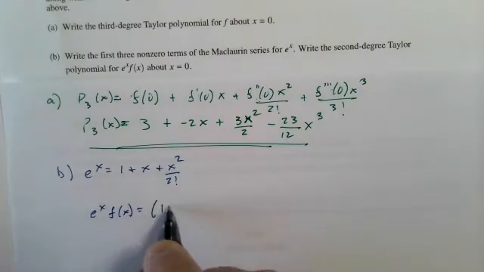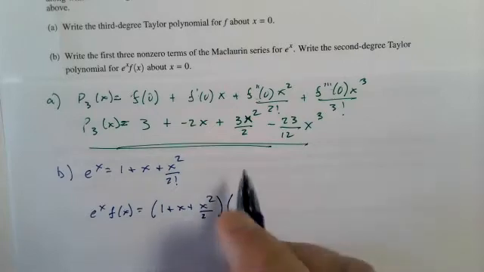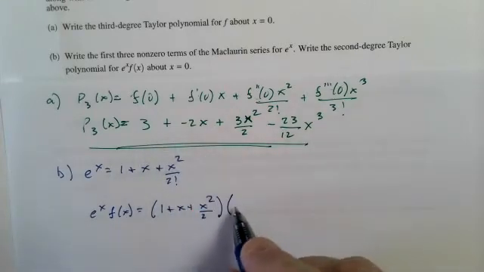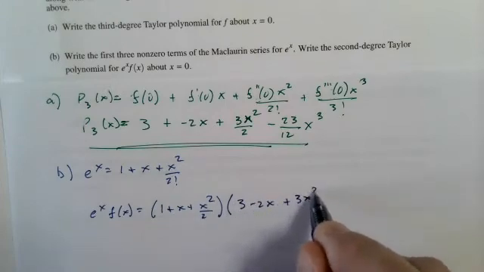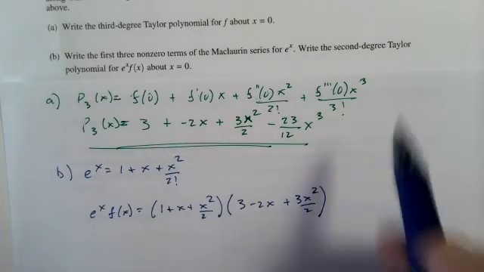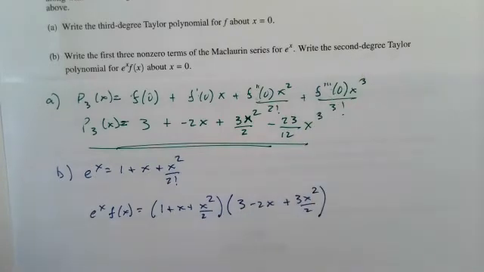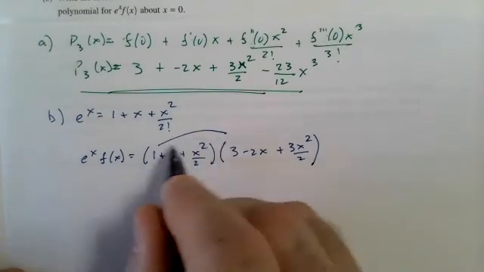So that's 1 plus x squared over 2 times, I only need the first three terms, 3 minus 2x plus 3x squared over 2. And even here, I got to be careful I don't waste time. They just want the second degree Taylor polynomial.